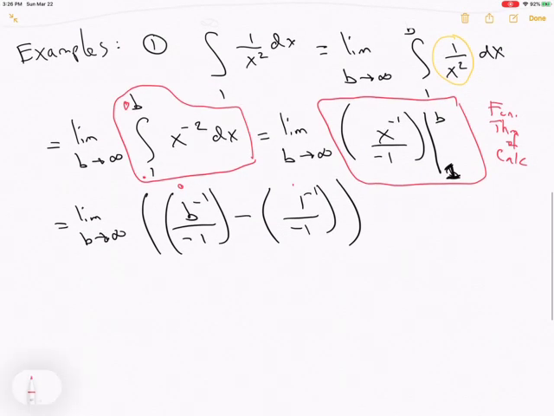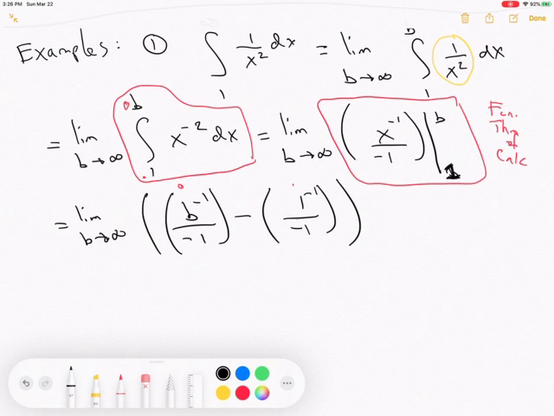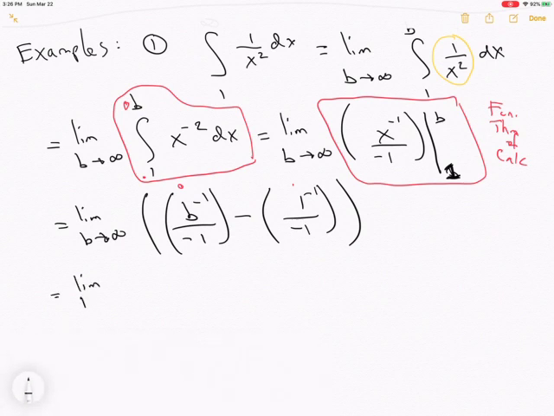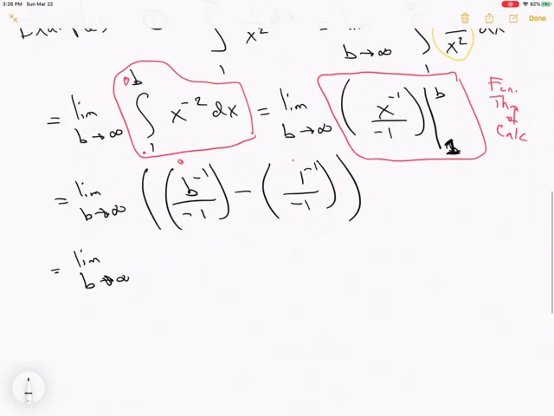Anyways, now we're going to continue with this calculation. Before we take the limit, let's work it through. So what does this look like? Well, b to the negative 1 is like 1 over negative b, and then we have minus, well, this is just 1 over negative 1.